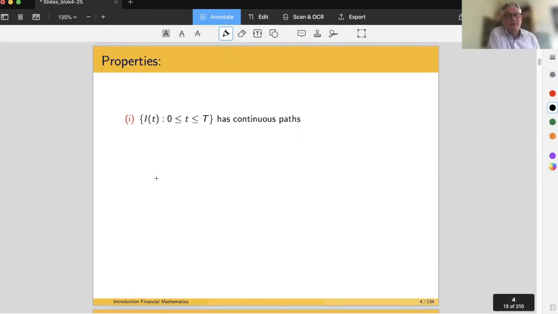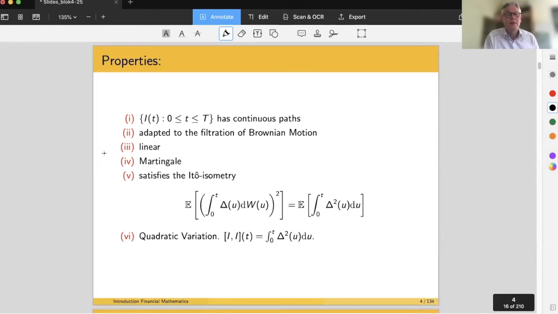And these properties, again, recall the first one: I_t, in the case of general adapted processes, has continuous paths. It is adapted to the filtration of Brownian motion. It is linear. We have the martingale property, so it is a martingale.